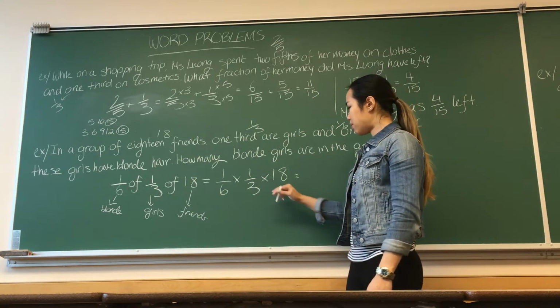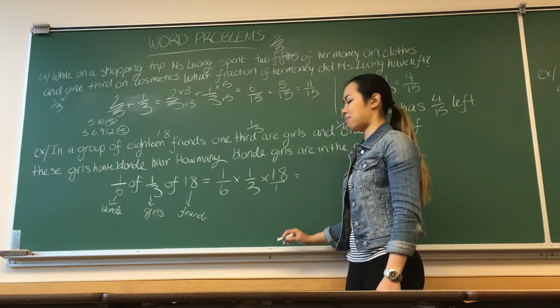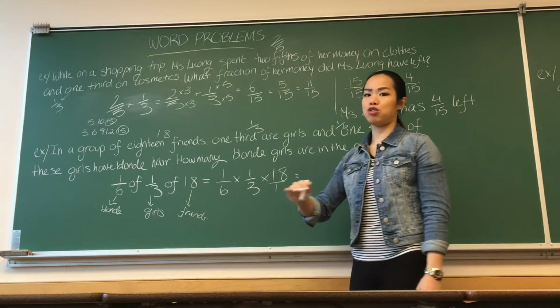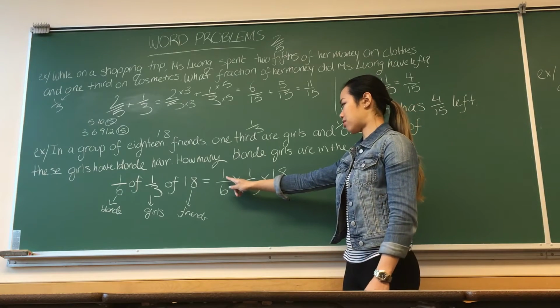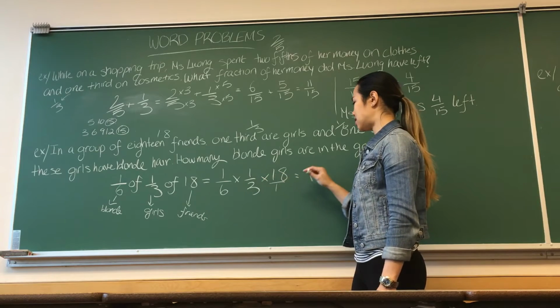Okay, remember when we have a whole number, we can just throw a 1 at the bottom, and that means the same thing. So when we multiply, we're going to multiply the numerators, and then we're going to multiply the denominators. So multiplying across the top, 1 times 1 is 1, and then times 18 is 18.